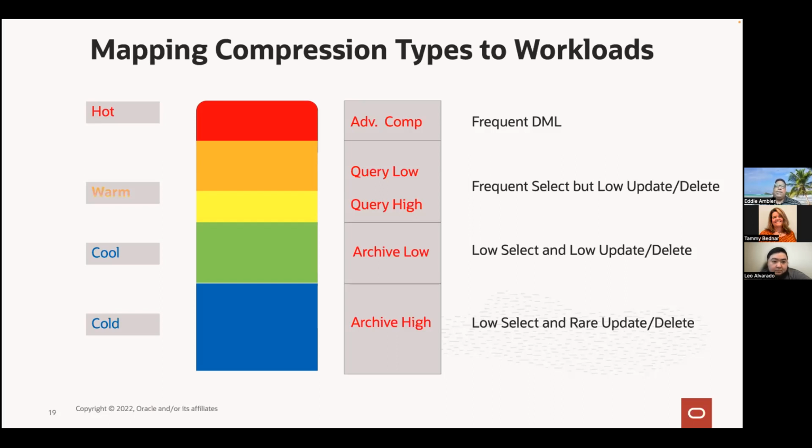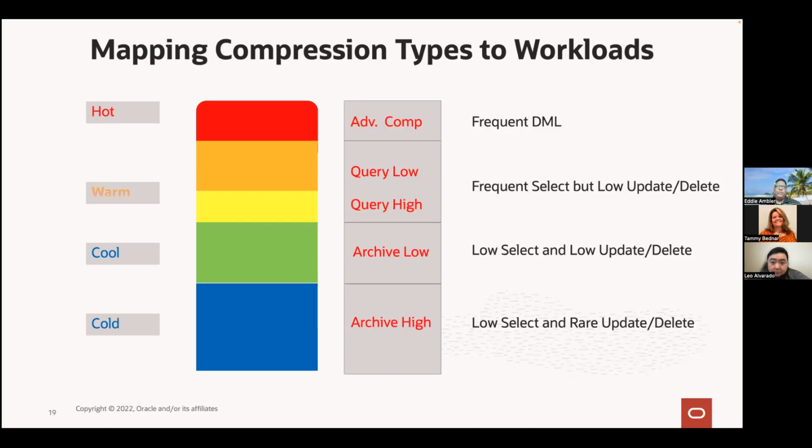But if your table is partitioned, this is where you get the most flexibility, because literally you can apply each of these compression types to your partitions based on how hot the data is.